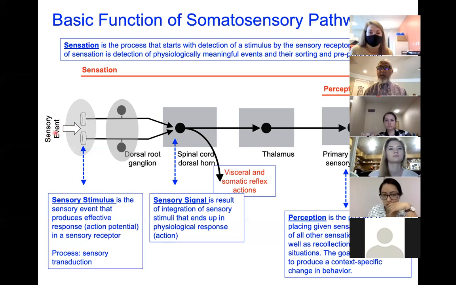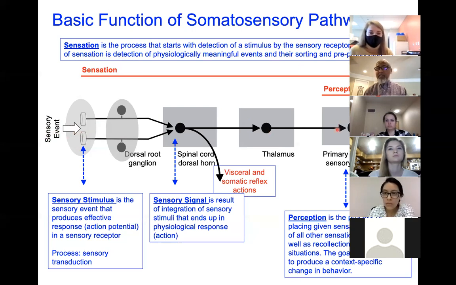When you apply a sensory stimulus, these receptors detect that signal and the process of sensation begins here, and it goes all the way to the end. So that signal is carried into the spinal cord, to the thalamus, to the primary sensory area, right?